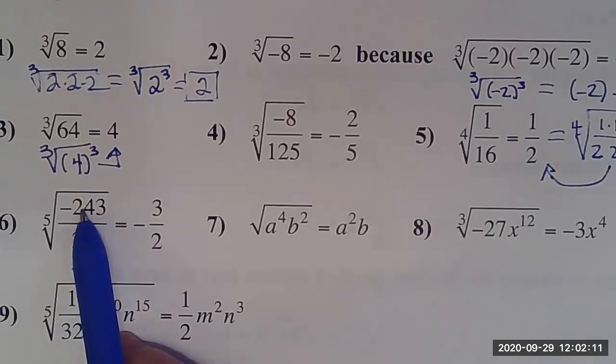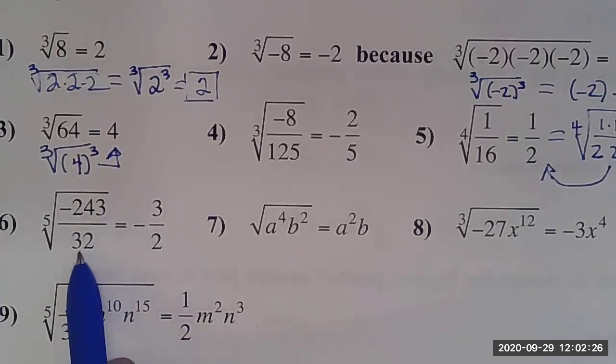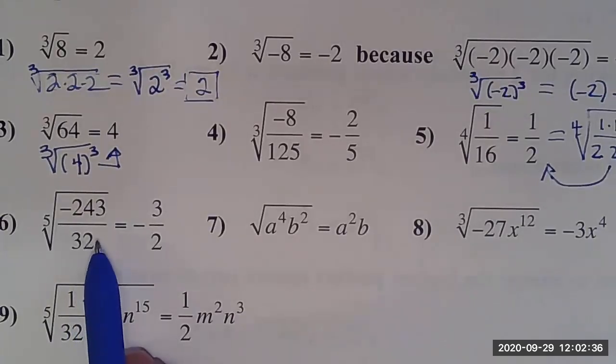Start asking, I wonder if 5 3s, or 5 5s, would give you 243. It turns out 5 3s does. Same thing with 32: 2 times 2 times 2 times 2 times 2. Try it, and you'll find that's 32.